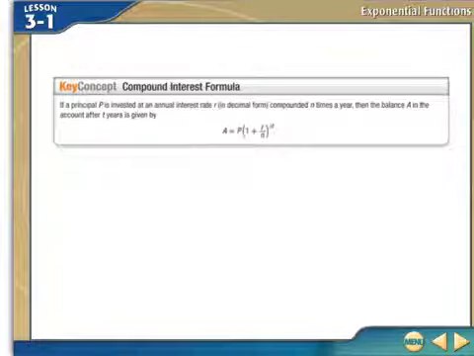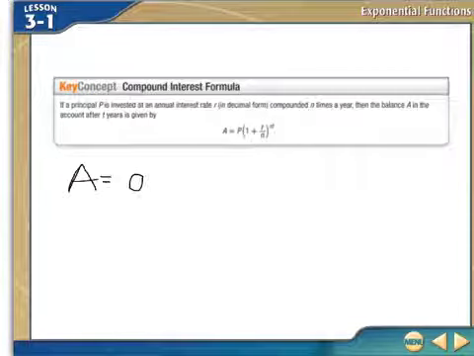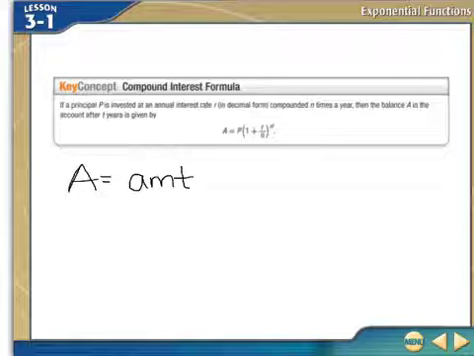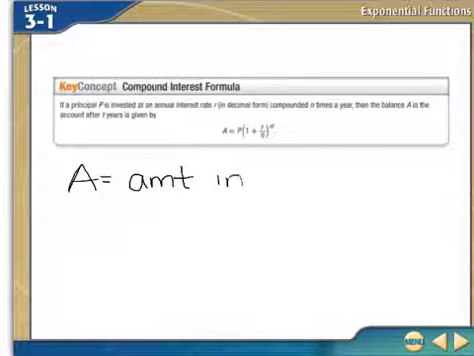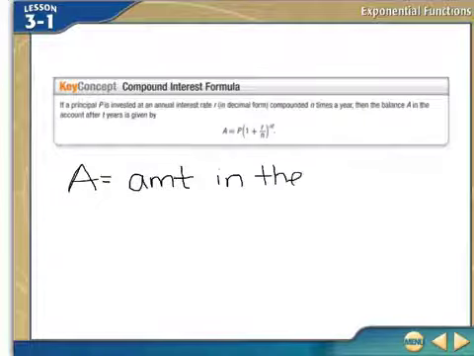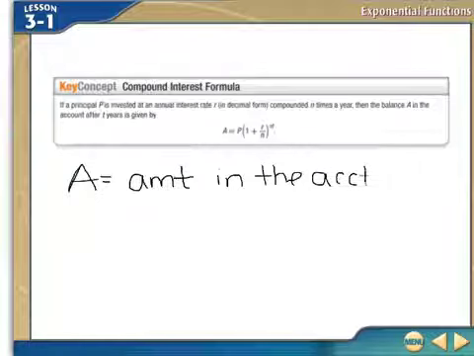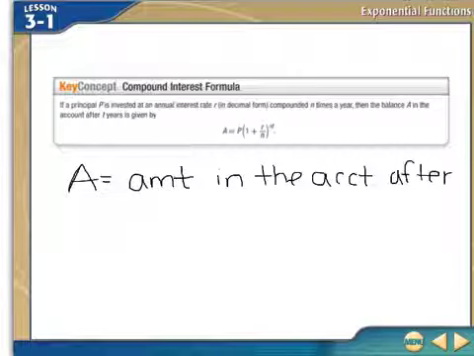Now, there are several variables in this formula, and we're going to discuss what each of those variables means. A is the amount, abbreviated AMT, in the account, ACCT's account, after T years.